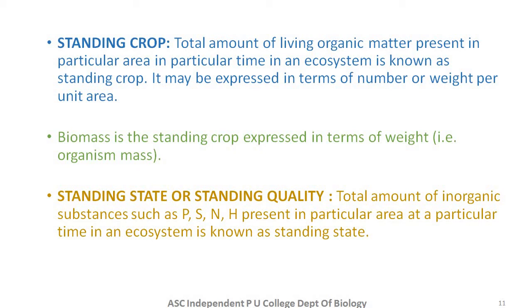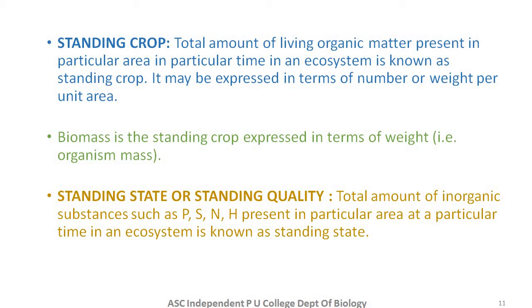So standing crop is expressed in terms of weight, and the term that we use is biomass. Alright. So standing crop is the total amount of living organic matter present in a particular area at a particular time in an ecosystem. Fine. Moving on to standing quality or standing state.